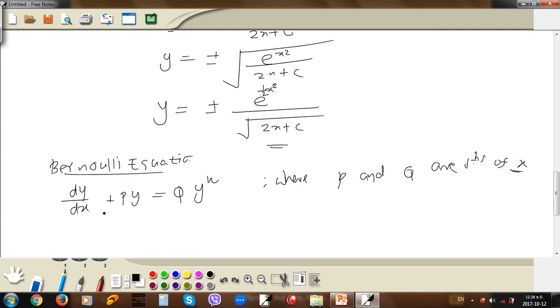We can reduce this by using the substitution z equals y to the power 1 minus n.